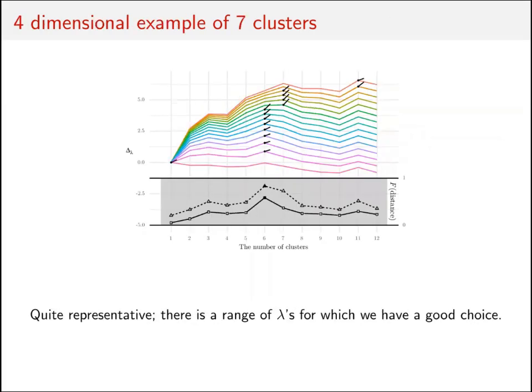What we obtained from our simulations, not any theoretical results in this case, is that there was always a range of lambdas for which it chose a good number of clusters. For really large lambdas, it usually overestimated. For small lambdas, it usually underestimated, but there was a range of lambdas where it performed reasonably.